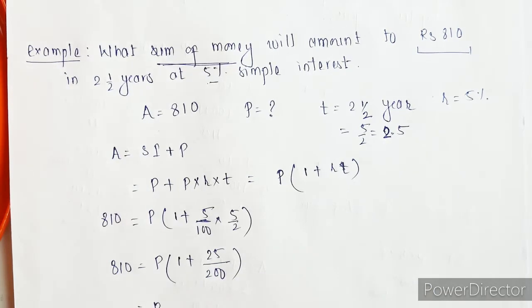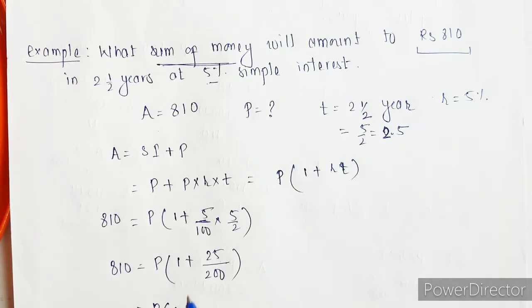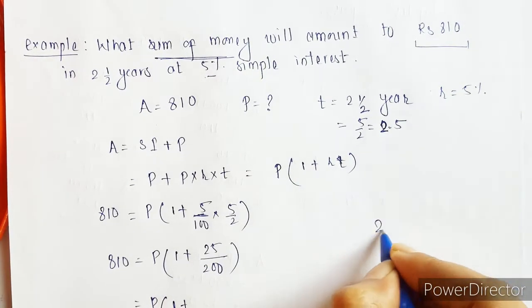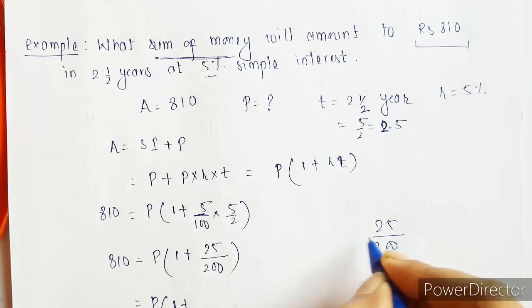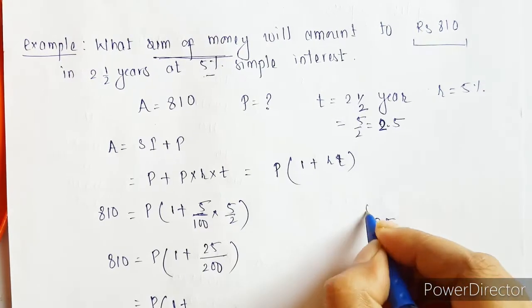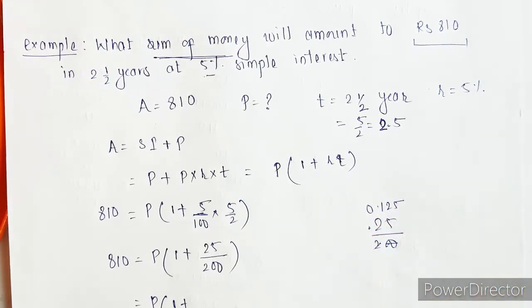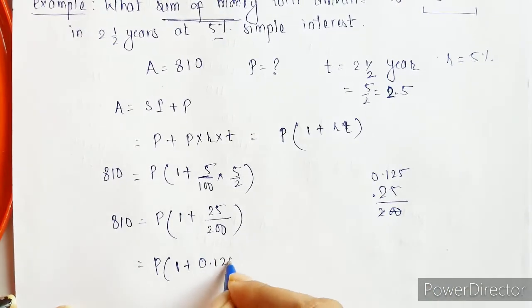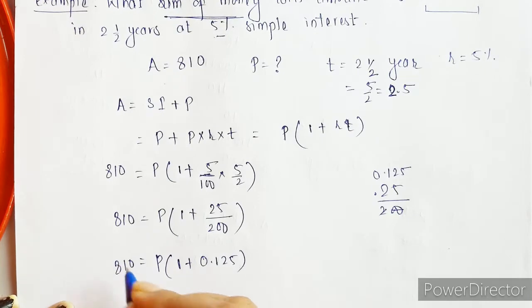So again this is 1 plus, if I'm dividing this 25 upon 200, this will go 0.125. So what we are getting is 0.125, and here we have 810.